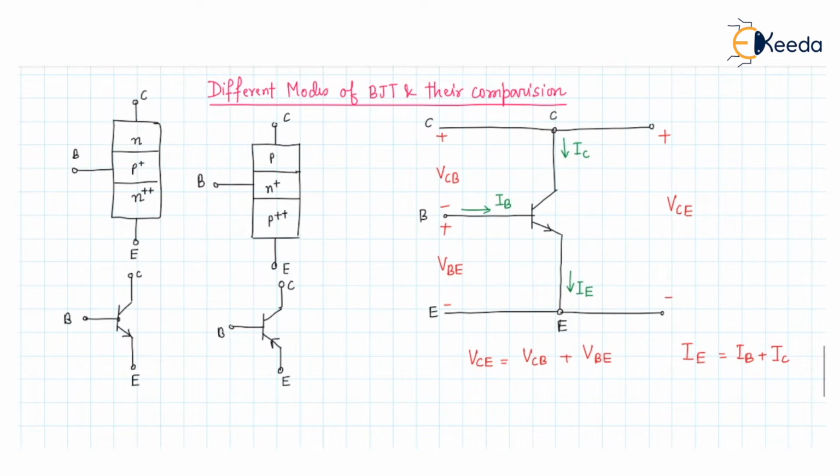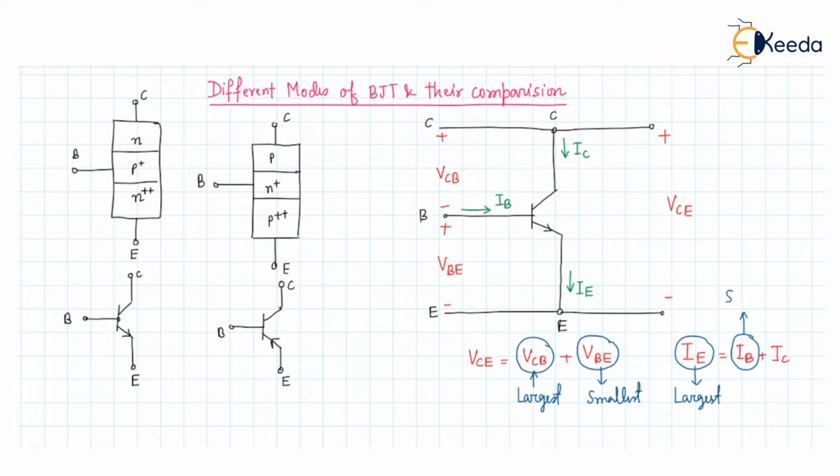In these equations, VCB, the collector to base voltage, will be the largest voltage, and VBE is the smallest voltage. Similarly, the IE current, that is the emitter current, will be the largest current, and the base current will be the smallest current.